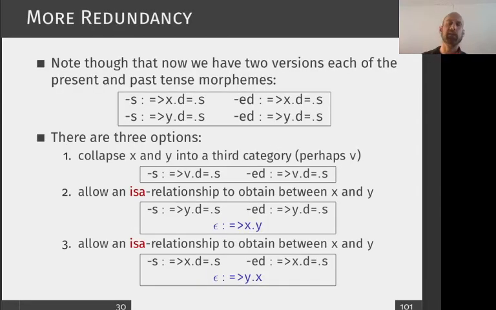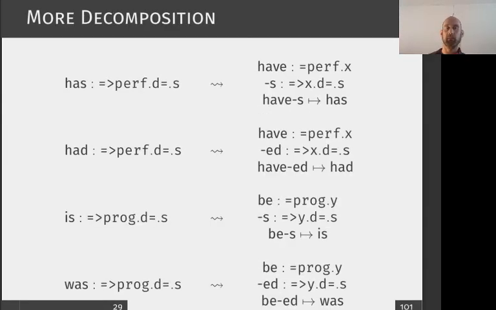Now, I say we have two versions of the present and past tense morphemes. Why is that? Well, because one version was built by decomposing has and had into have and tense, and the other version was built by decomposing is and was into be and tense. And there's no reason to give those things the same features, right? Because they're decompositions of different words, of different roots.